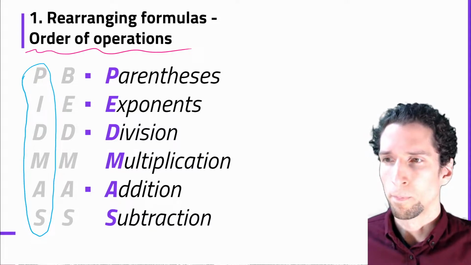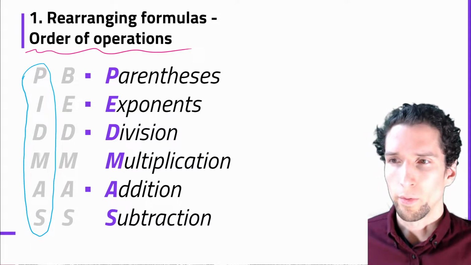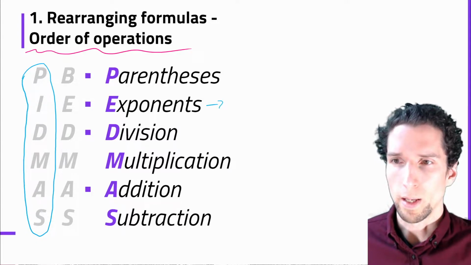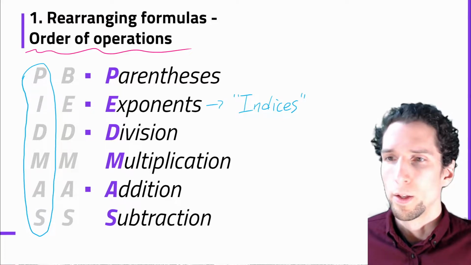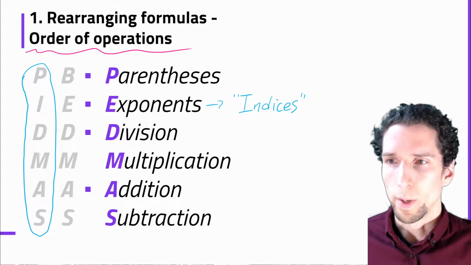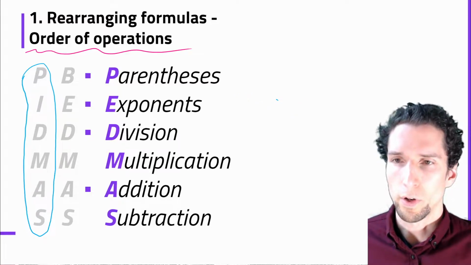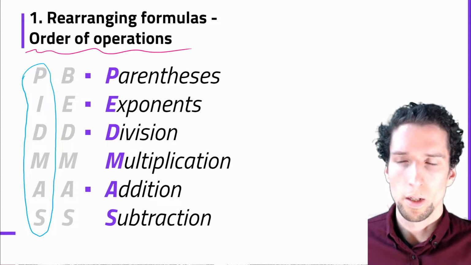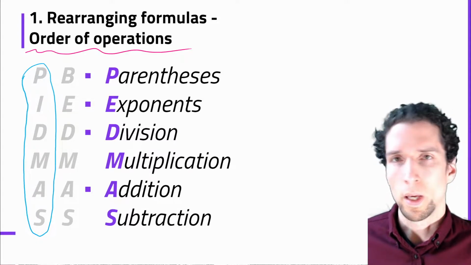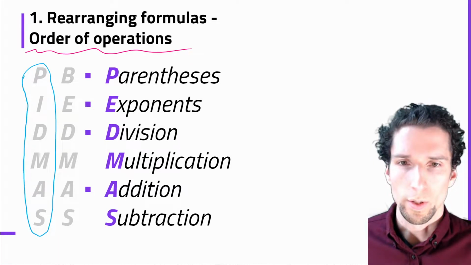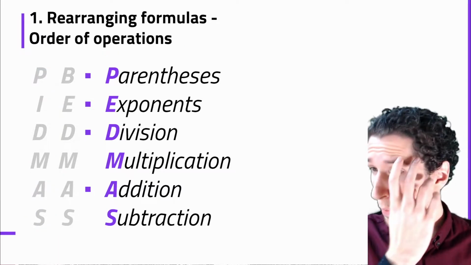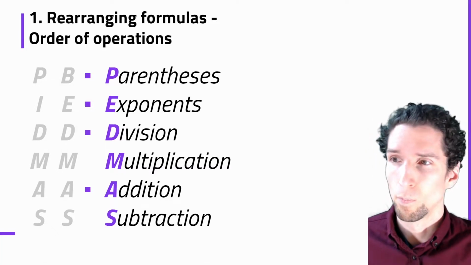Sometimes some British textbooks, instead of exponents, write indices, which is the same basic thing. So different labels, but it's all the same thing. Brackets first, then exponents, then dividing and multiplying, and then adding and subtracting. We're going to use this to help us with the process here.